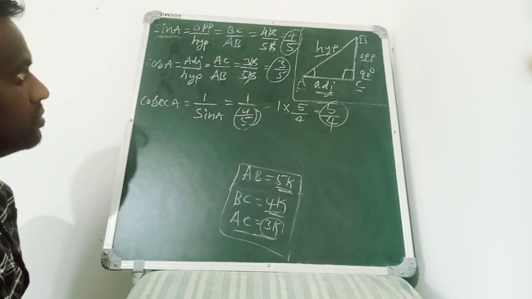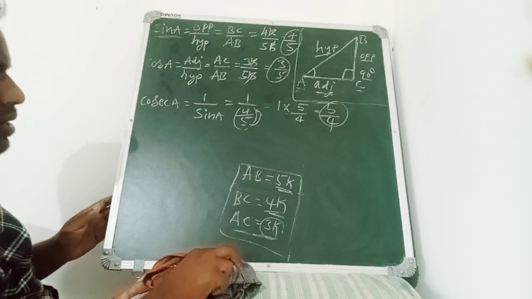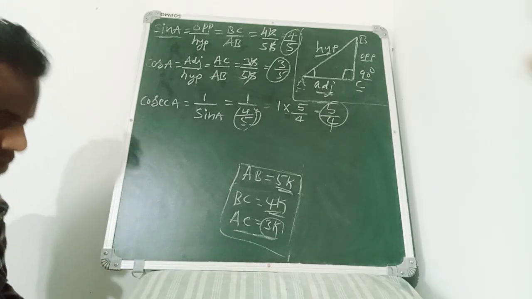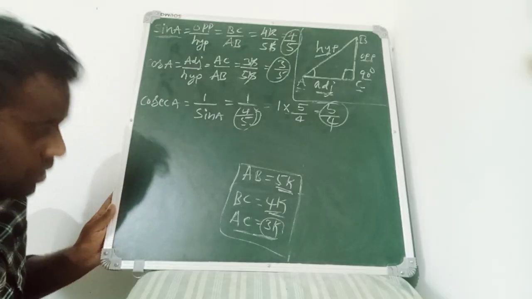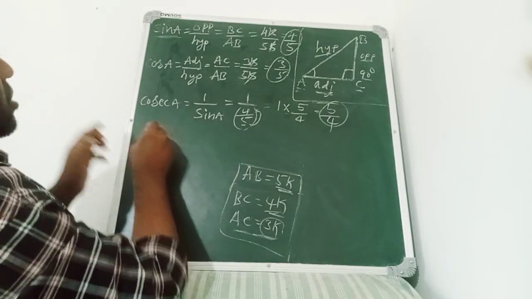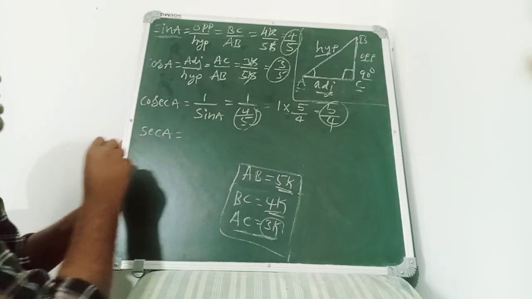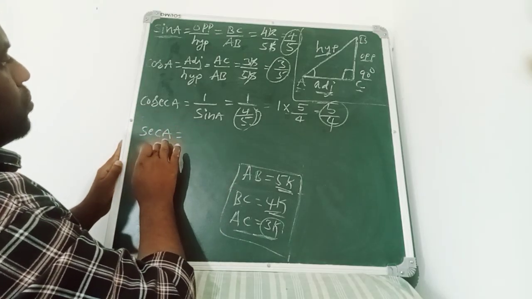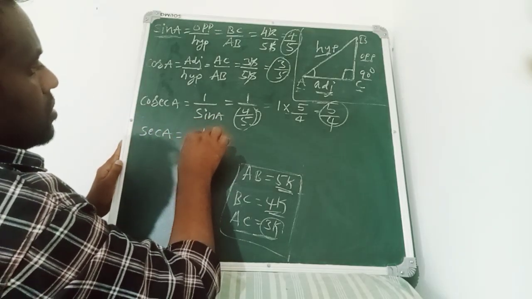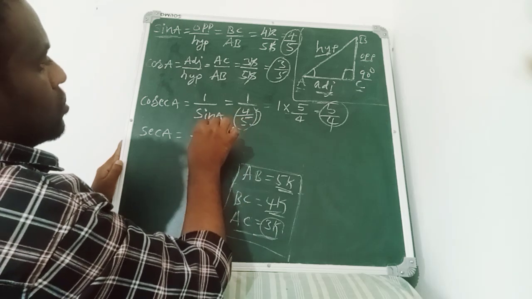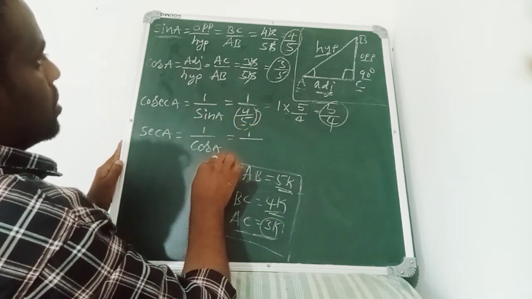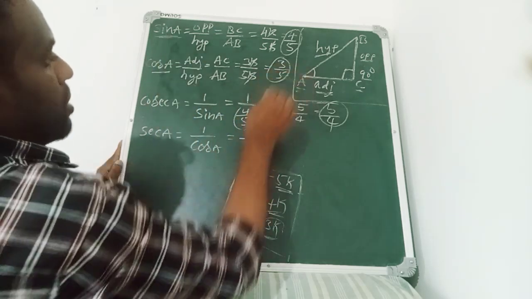Next, secant A. Secant A, we have the formula 1 by cos A. So cos A, we know, is equal to 3 by 5.